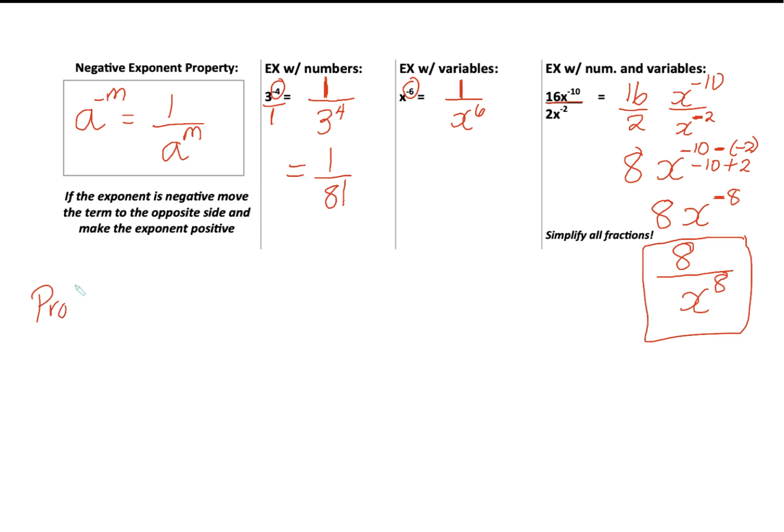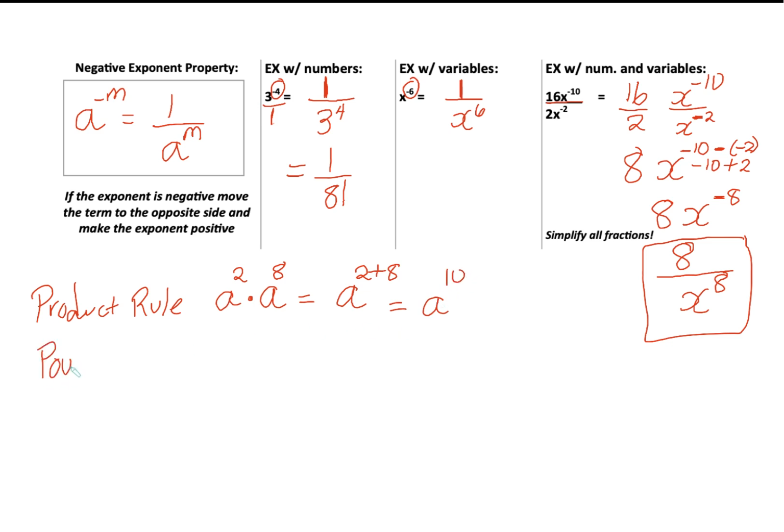So with the product rule, product means multiply. If you have a base raised to an exponent and you're multiplying by a matching base raised to a different exponent, the rule states you keep your base and you add. So the 2 plus the 8, your answer is a to the 10th power.